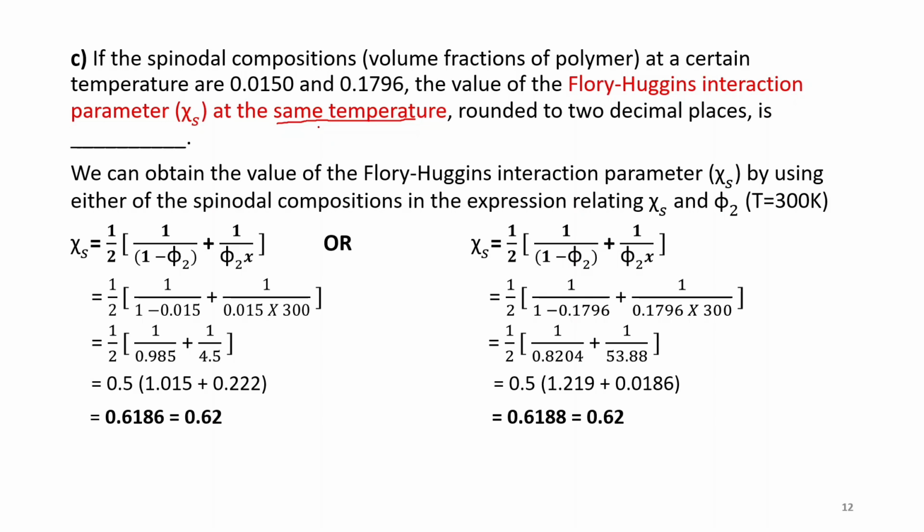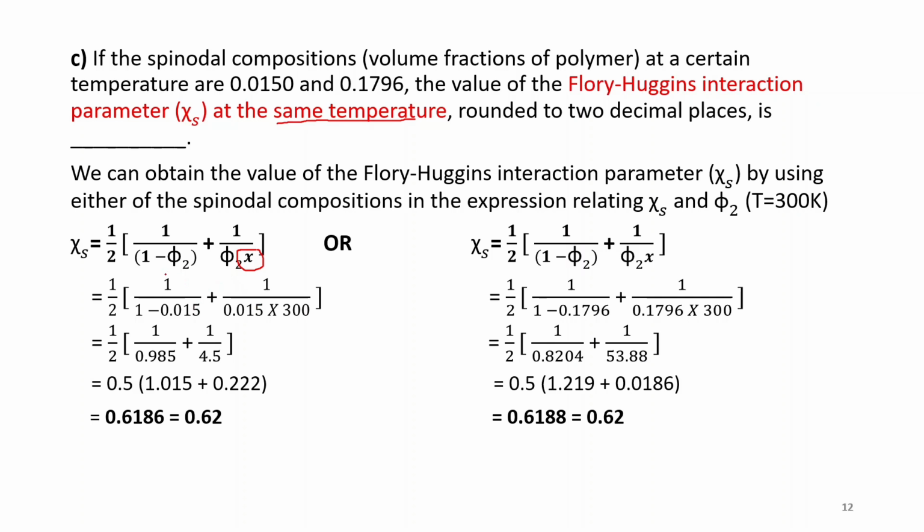So let's solve it. The same formula, chi s equals to half multiplied by (1 upon 1 minus phi 2 plus 1 upon phi 2 x), right? So which is equal to half multiplied by (1 upon 1 minus 0.015 plus 1 upon 0.015 into 300). x, the number of segments in a polymeric chain, we already know is 300.